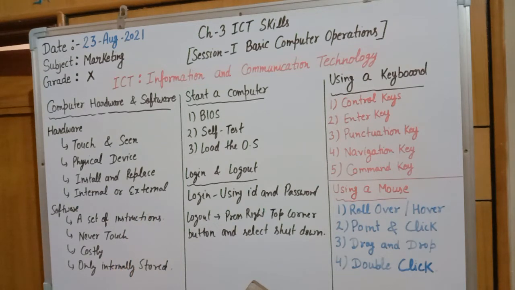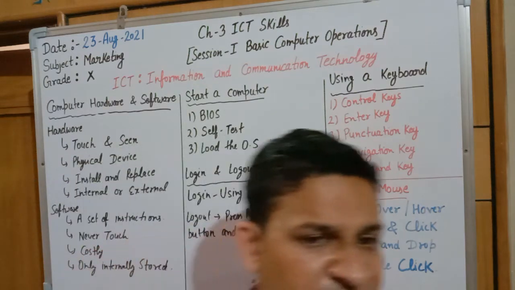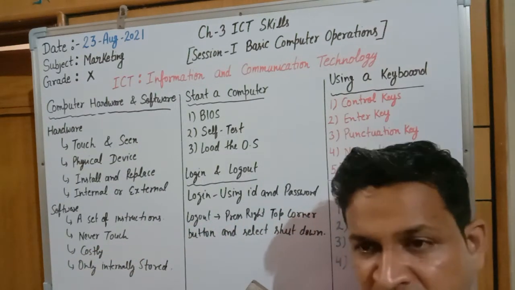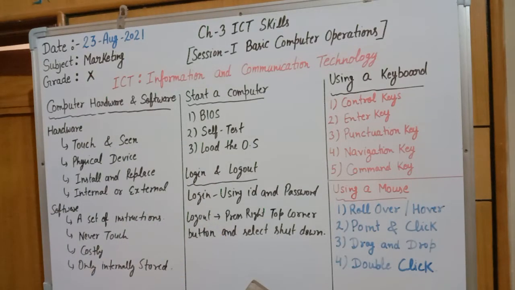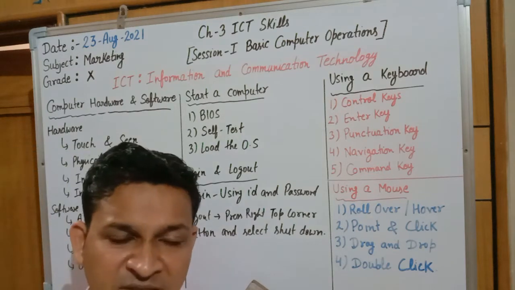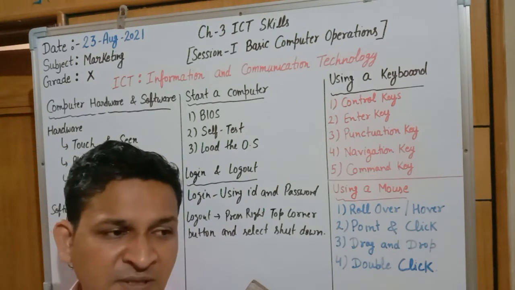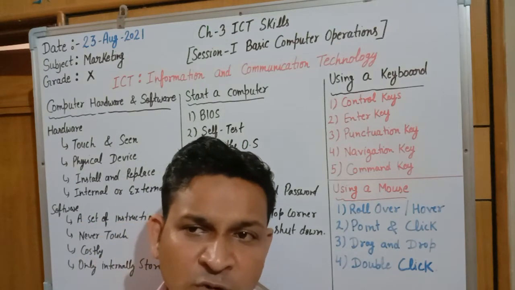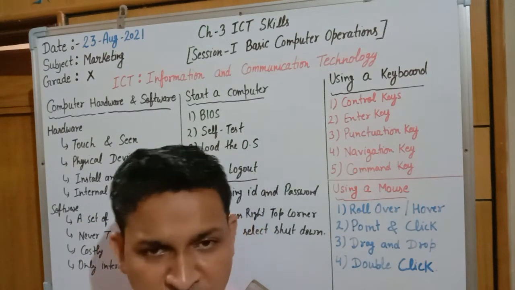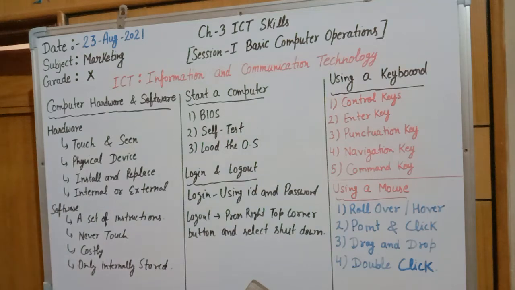Next is software. What is software? A software is a set of instructions or a program that is applicable for a computer system with the help of hardware. It is a set of instructions, a program that cannot be touched. It can only be used. So a set of instructions that perform a specific task, that are used to resolve a problem, are known as software.